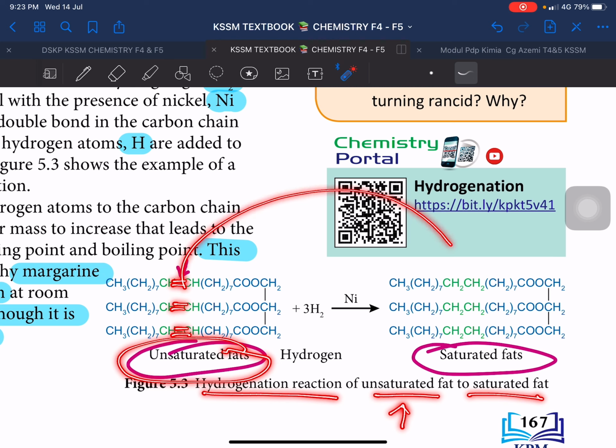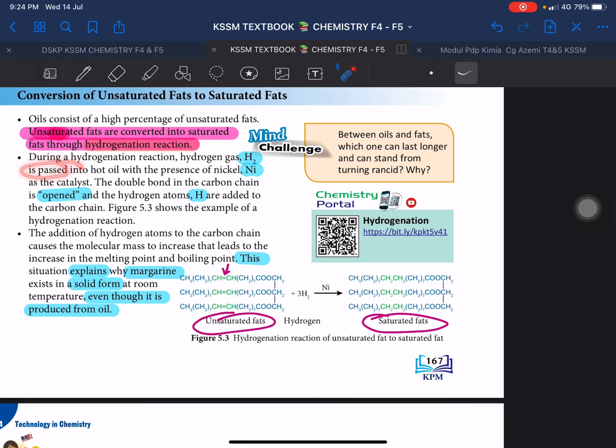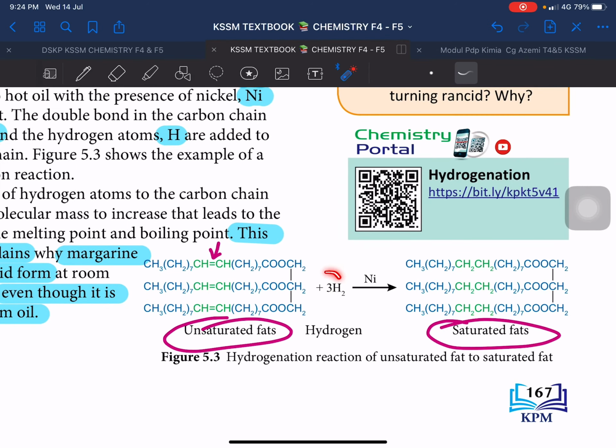Jadi, how to convert it? Boleh. Kasih lalu saja. You just pass the hydrogen gas. Lalukan hydrogen gas to hot oil. Tapi masih ada nickel. Because nickel adalah dia punya mangkin. Dia punya catalyst. Untuk cepat bah. Supaya cepat this reaction.